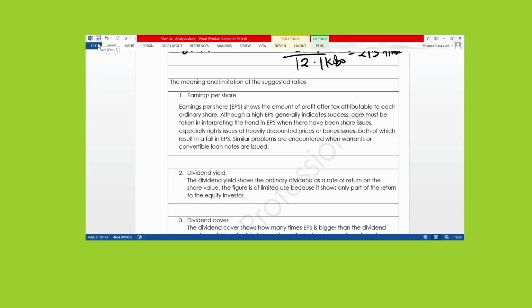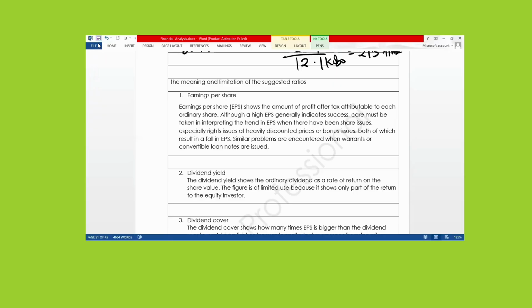Second, if your share price increases, for example, you purchase a share at 50 naira and 6 months later the price has increased to 120 naira, your investment has appreciated in value.